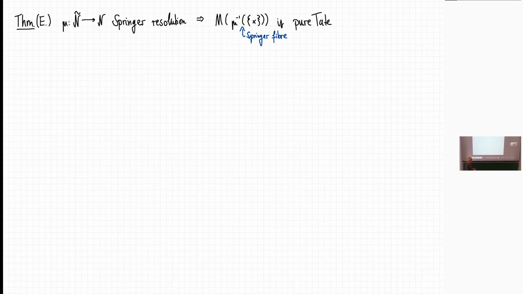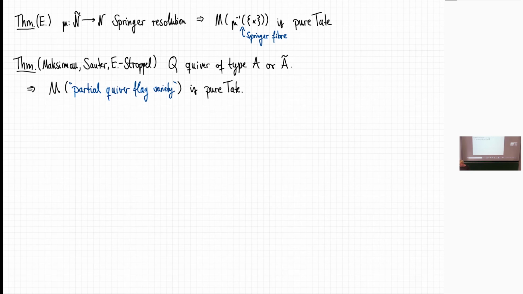I hope. Okay, the next thing that is also very interesting is the so-called partial quiver flag varieties, because they appear in this new stuff of KLR algebras. And I mean, you don't need to know what this is. So in type A, if you have a type A quiver, it's again an affine stratification. It was known, and this was a result by Maksimau.